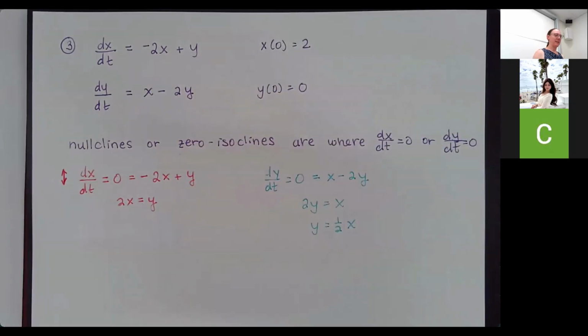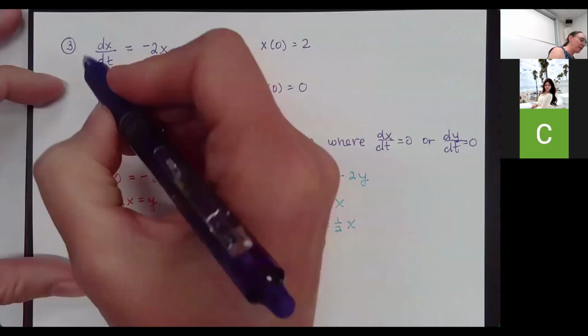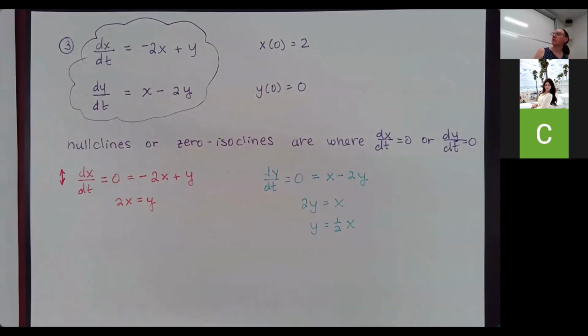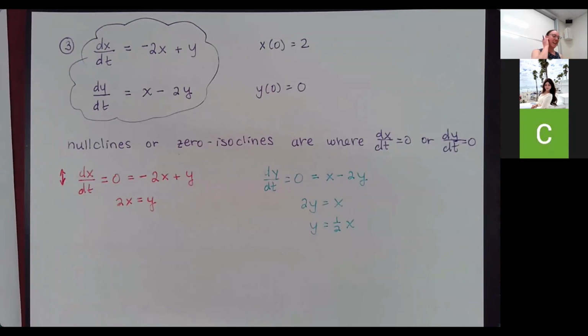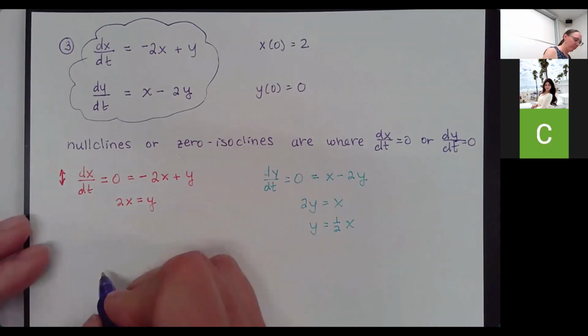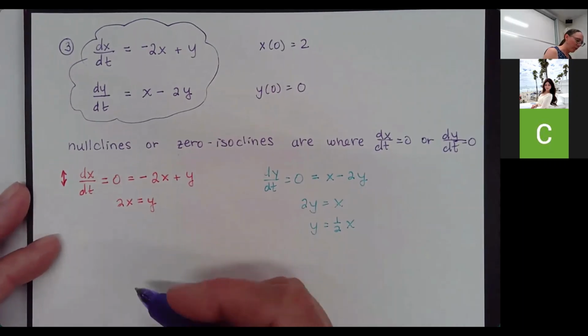Let me take a step back. Let me go back to just our equations for a second here. If I asked us to find some direction vectors, to sketch out some direction vectors, pick a point, any point. 2, 1. Okay.